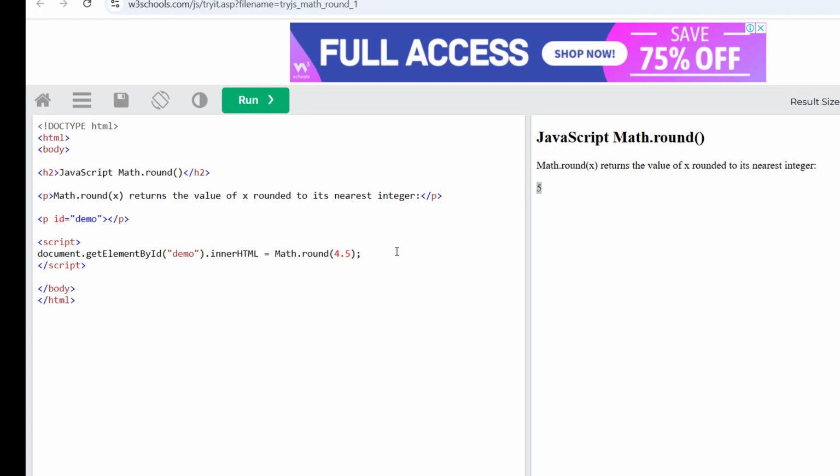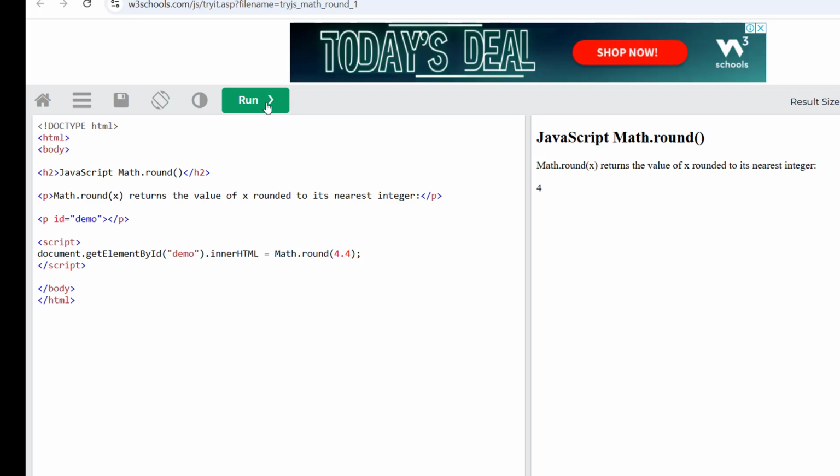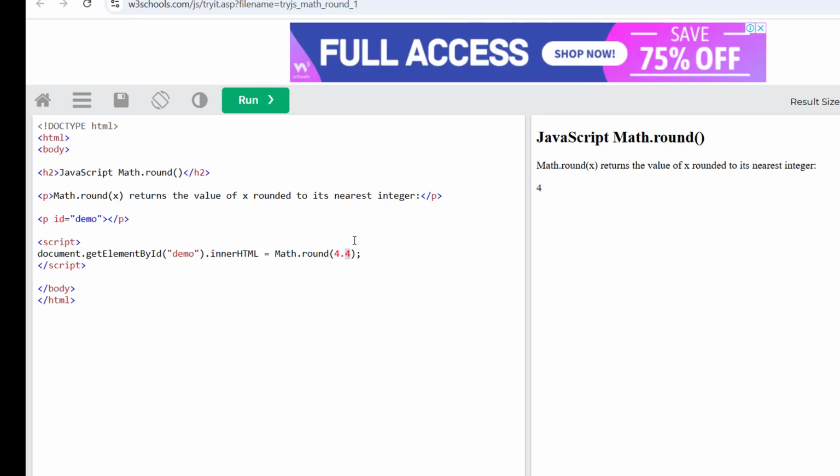But if I give 4.4, it is 4. So 5 and above will round up, and below 5 it will turn to the nearest lower integer, which is 4.